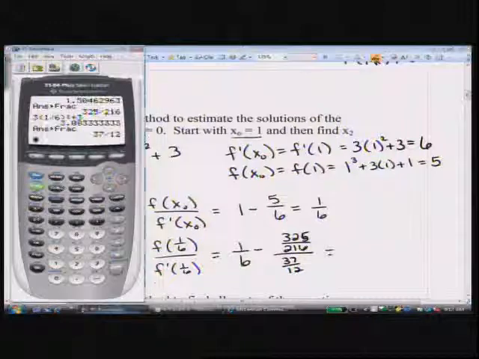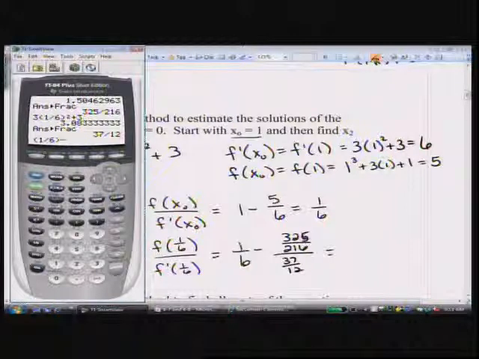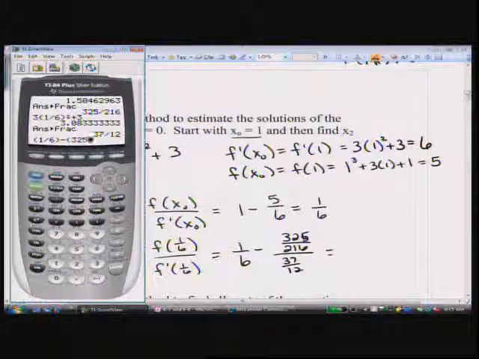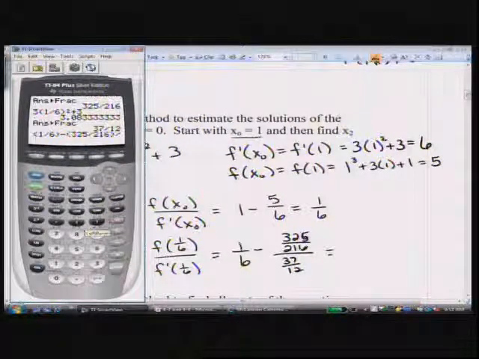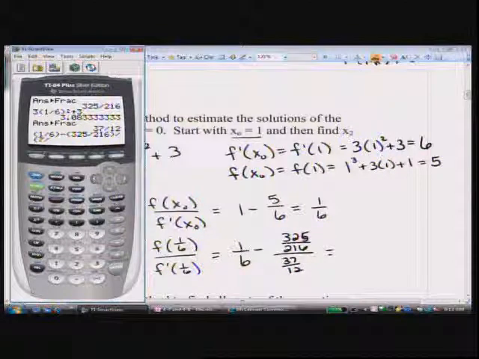Okay, and then, so this will be, we can do 1/6 minus 325 divided by 216, and then we're going to divide that by 37 divided by 12.